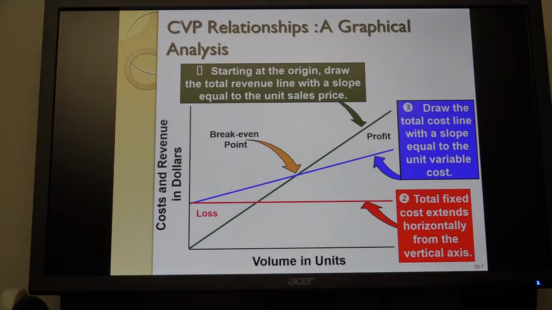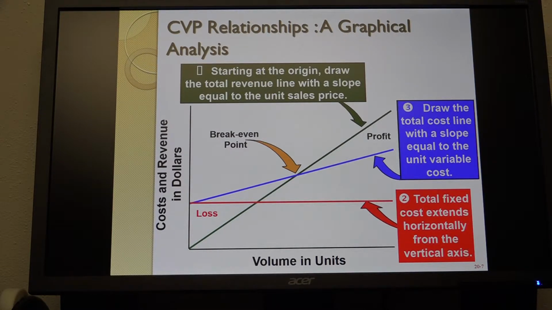And again, this is just simply a graph that represents these CVP relationships. And so what you have there in the green line is the total revenue line with a slope equal to the unit sales price. So notice you've got volume in units at the bottom.